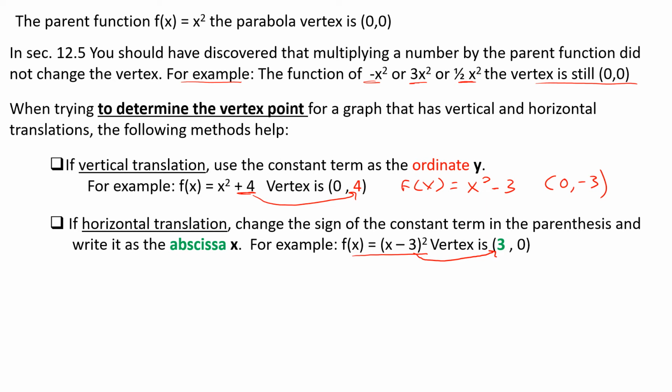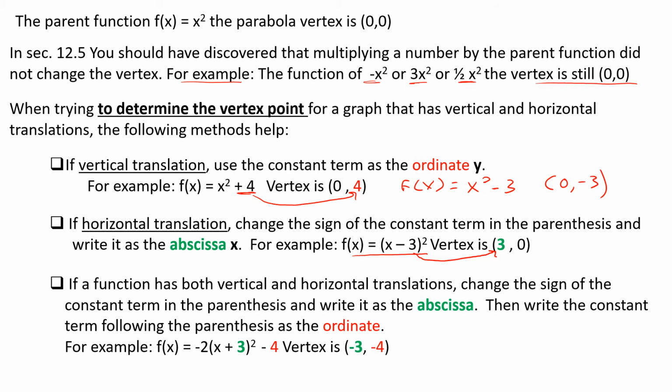But what happens when you have a function that's doing both the vertical and the horizontal translations, and they're both occurring, right? So what are you going to do? Well, you're still going to look at the constant term that's inside the parentheses, and you're going to change the sign and make it the opposite, and that's still going to be your x value.